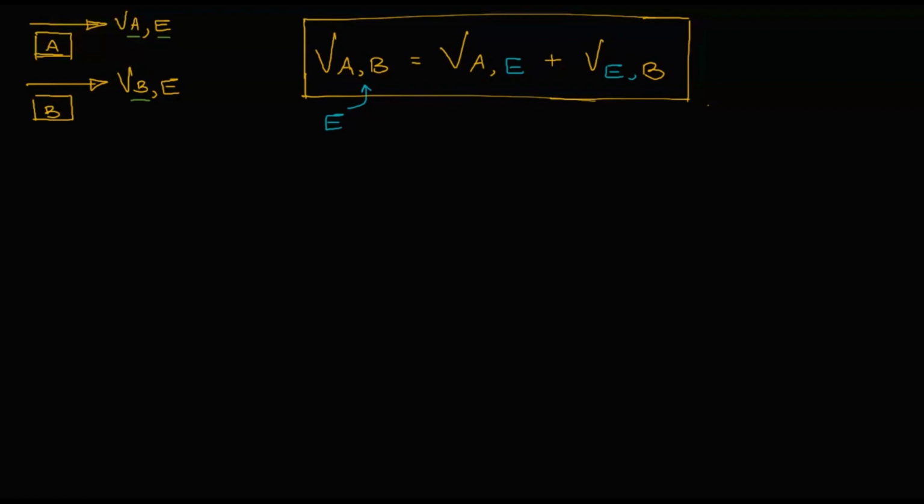We know VAE, we know VBE, but we do not know VEB, which is the velocity of Earth with respect to B.